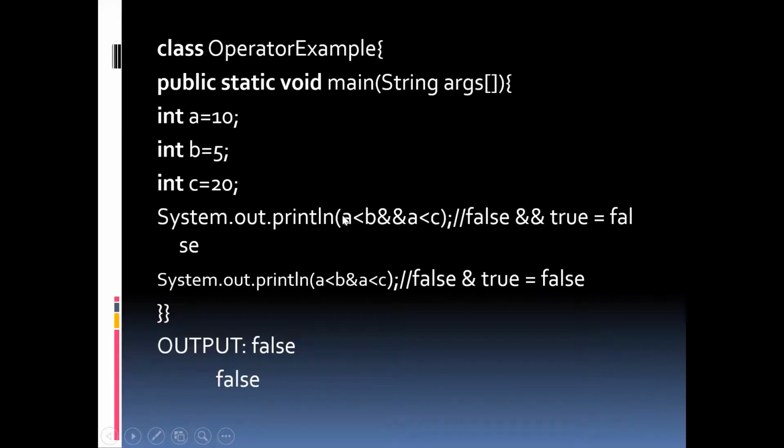When it is false, it gives that as the output. That is what the logical and does, it doesn't move to any other conditions. Now coming to bitwise and, here A less than B is false, A less than C is true, but still it checks both the conditions and gives the output. The first one is false, so it gives false. So the output would be false and false.